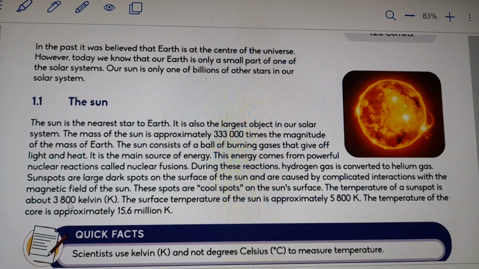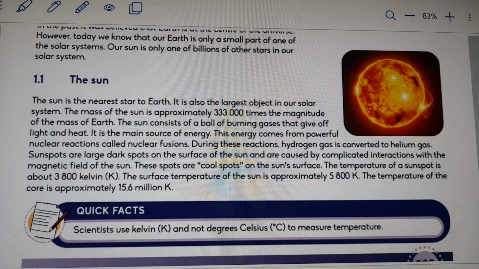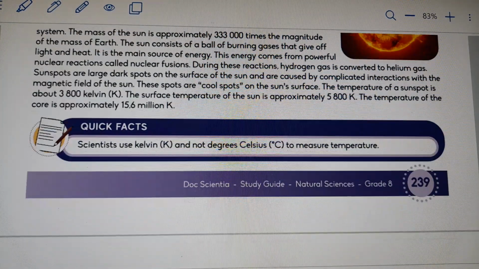So you can see that the sunspots are the cool spots because the temperature is lower on the sunspot. The temperature of the core is about 15.6 million Kelvin. That's too much. That's too hot.